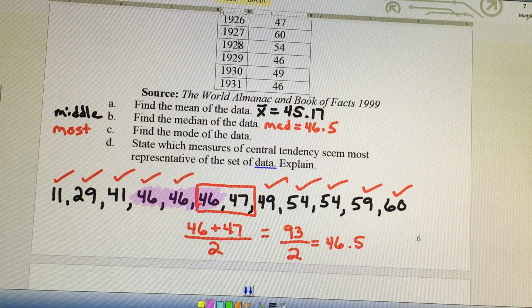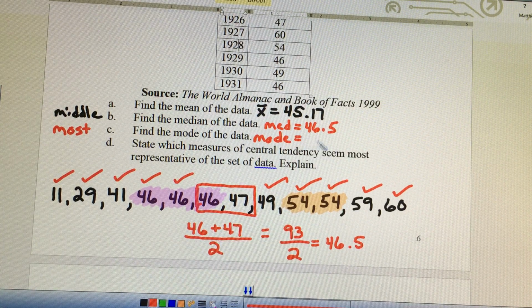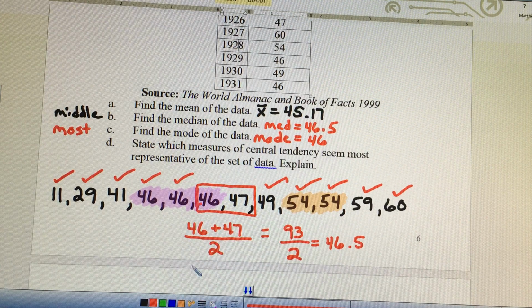He had 2 years where he had 54 home runs, but that's not the most. Sure, it's a bigger number, but that only happened twice, and 46 happened 3 times. So 46 would be the mode. With mode, there's not a fancy symbol for that either. I'm just going to put mode equals 46, again, because that happened 3 different years.